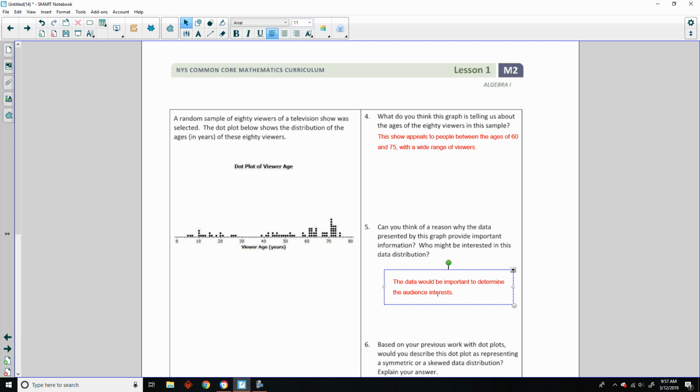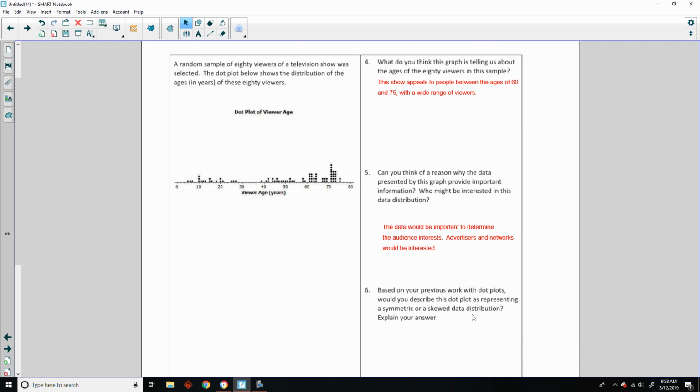And if you're advertising on that show, then people who sponsor the show, advertisers. Okay, so advertisers and networks would be interested.